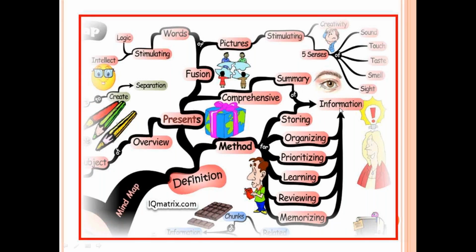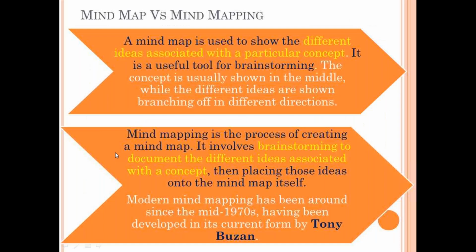It presents a fusion of pictures that may stimulate your senses, and a fusion of words that may stimulate your logic and intellect. It may help you present an overview of the chosen topic or subject.